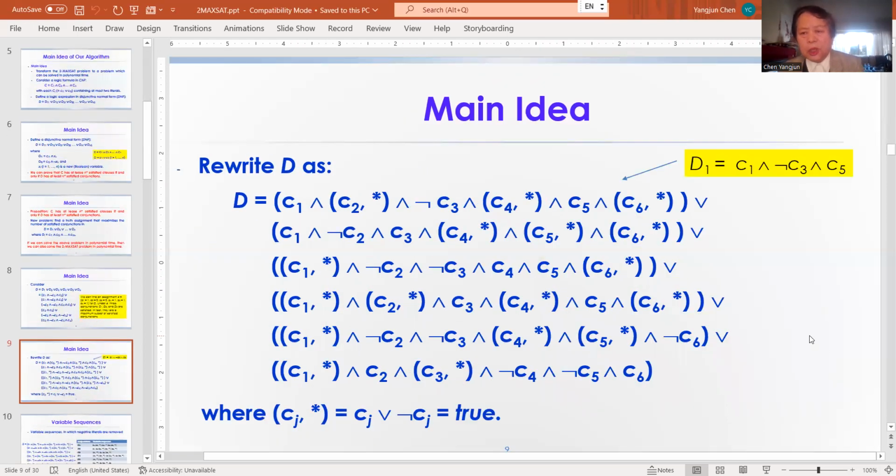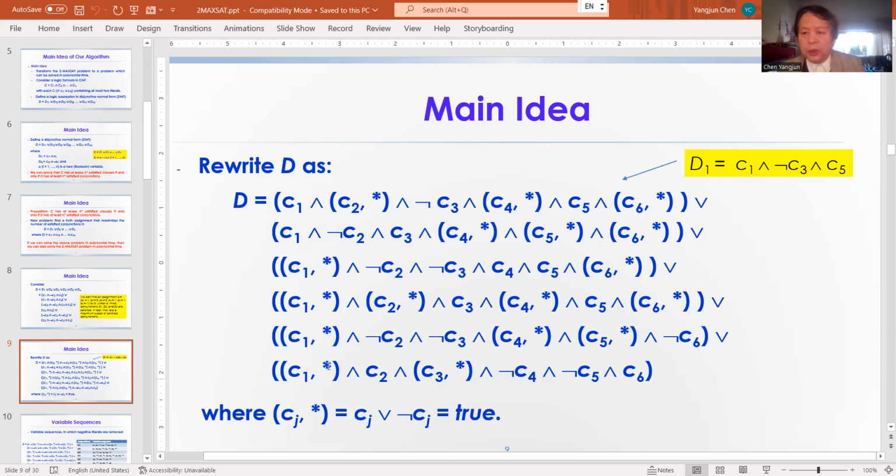To find such a maximum subset of conjunctions satisfied by a certain truth assignment, we'll introduce a new notation like this, which is said to be J or minus J. You can see such a notation always evaluates to true. Our purpose is to insert this notation into each conjunction to represent any missing variable.